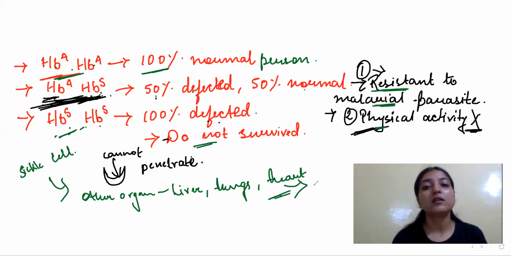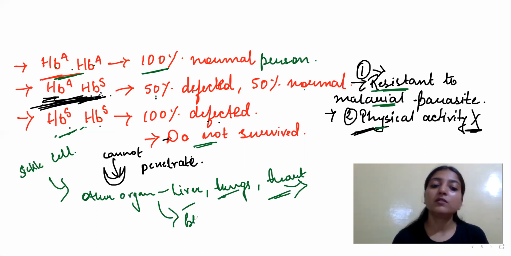A person can get a heart attack, lung failure, liver failure, and can even go blind, because the sickle cells are not allowing other organs to develop, and as a result the person dies.